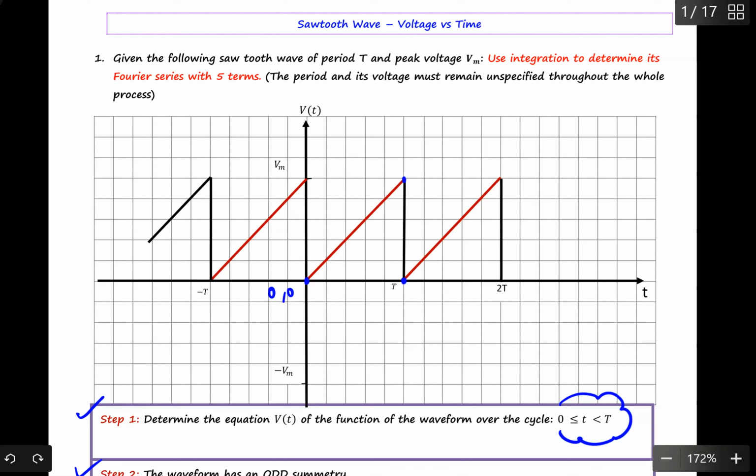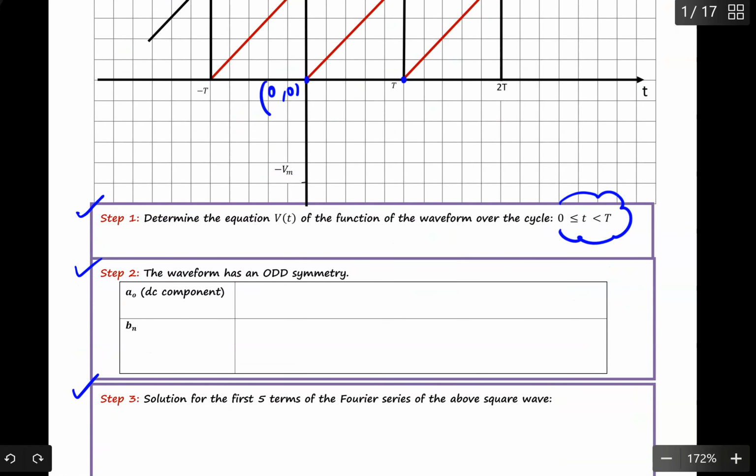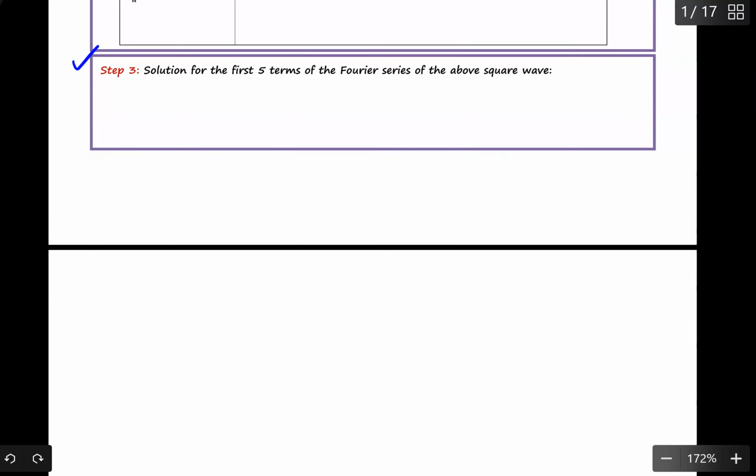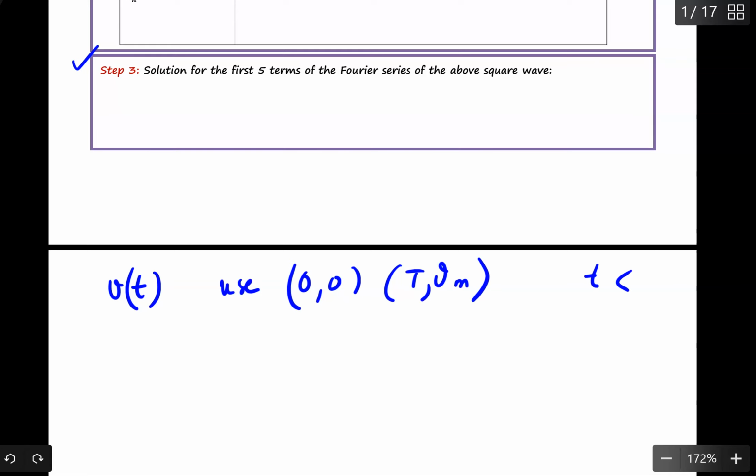So I will use (0, 0), and I will also use this point, period T for the t value, and then Vmax. So to determine the equation V(t), we are going to use (0, 0) and (T, Vmax), given the period T, for t less than T and greater than or equal to 0.